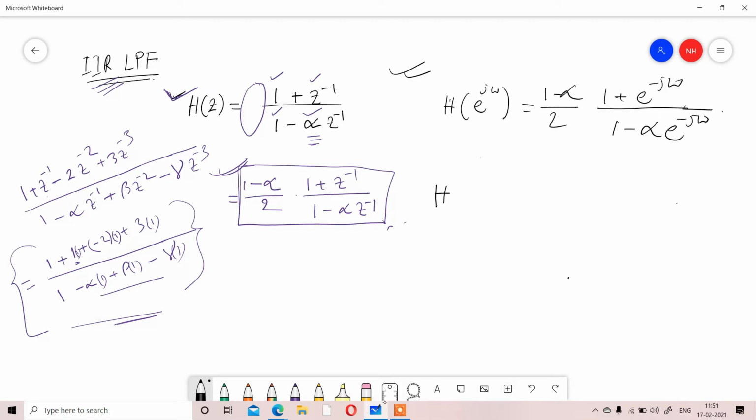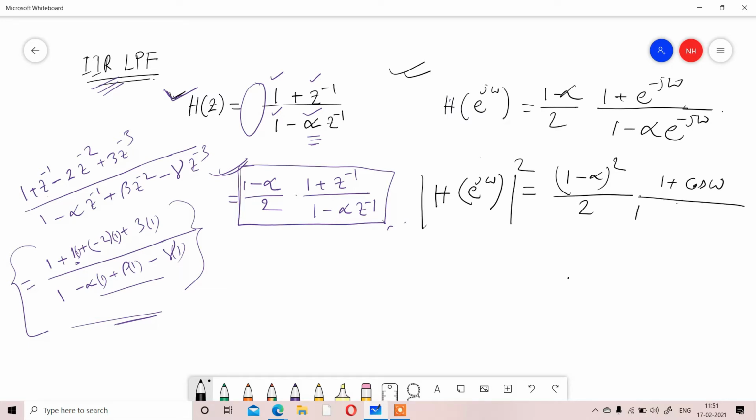The result will be that the magnitude of H of e to the power j omega, squared, will be 1 minus alpha, squared, by 2, multiplied by 1 plus cos omega over 1 minus 2 alpha cos omega plus alpha squared, for alpha less than 1.